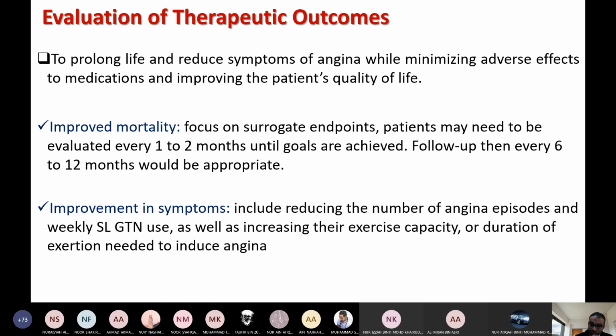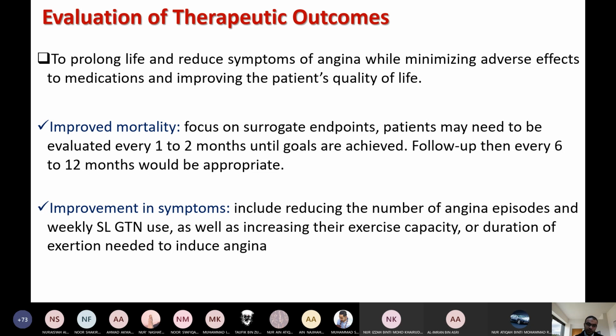One domain is related to the prevention of cardiovascular events, meaning the points related to mortality. In this point, we are focusing on the endpoints related to the events and the mortality, and this can be evaluated from time to time, 2 months, 6 months, and where appropriate.